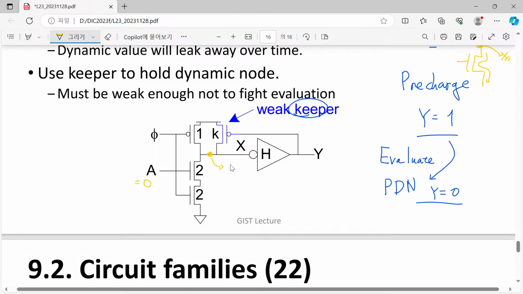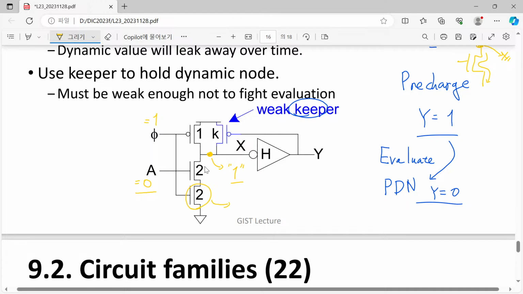For example, think about this one. Now we have the node well prepared as 1, and the logical value is 0, so ideally it should stay at 1. However, in this evaluation phase, the clock signal phi is 1, so this one is now ready to conduct.